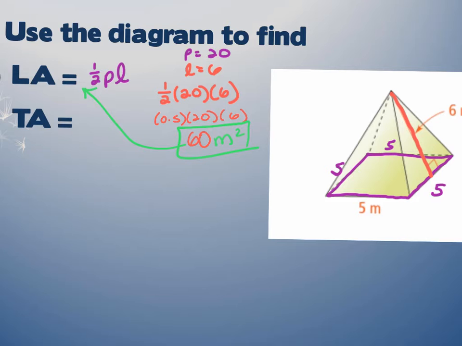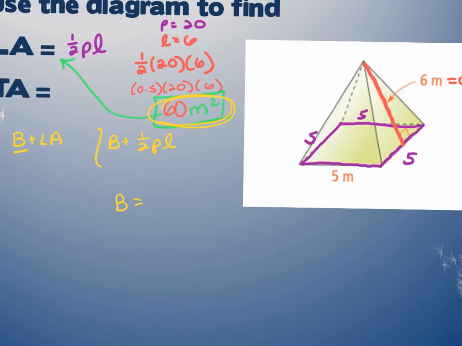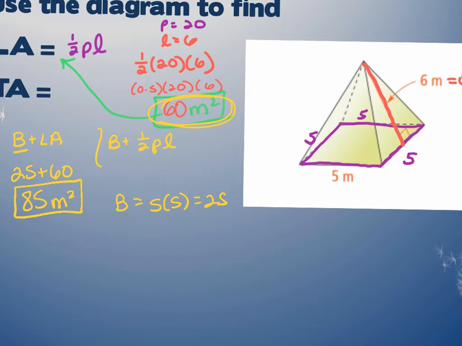So then the total area is B plus the lateral area, or B plus 1/2 PL. We already know the lateral area, so I'm just going to use that one, but I have to find B, which is the base area. The base is a square, so my area is just 5 times 5, which is 25. So I get 25 plus 60, or 85 meters squared.